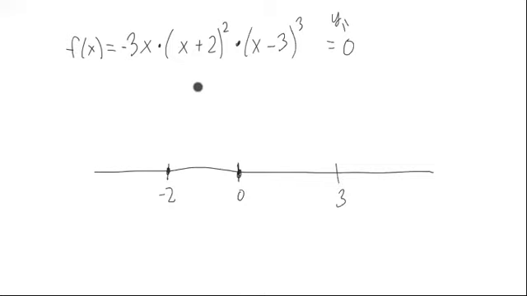Okay, now let's think about end behavior. How do polynomials grow as x gets very big, either way up or way down?